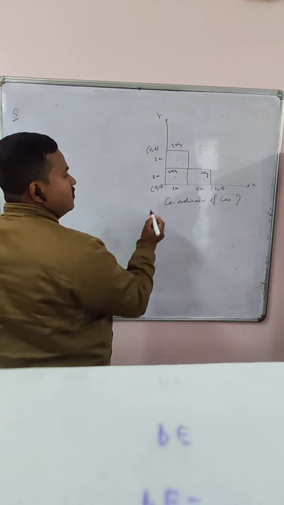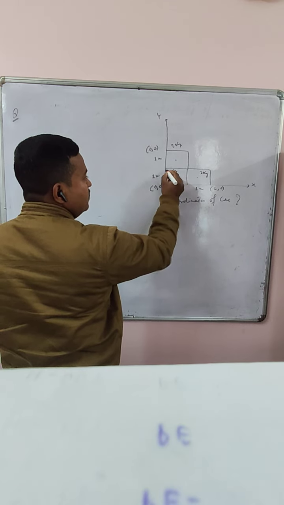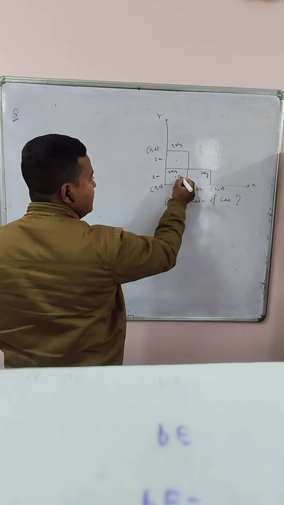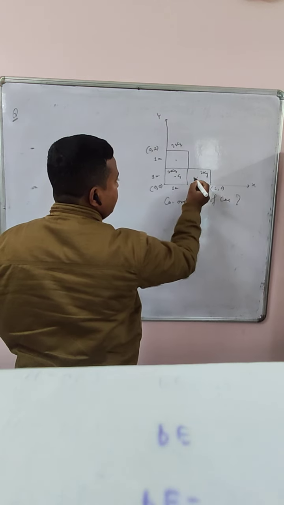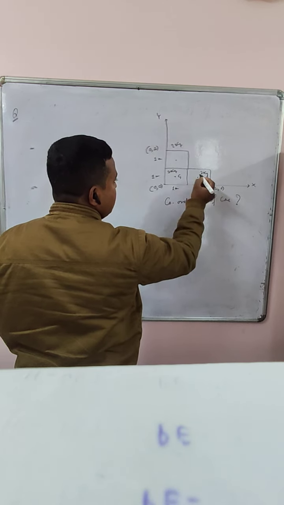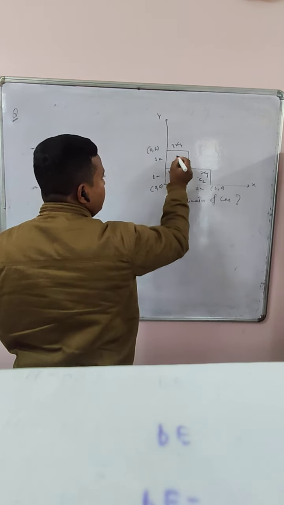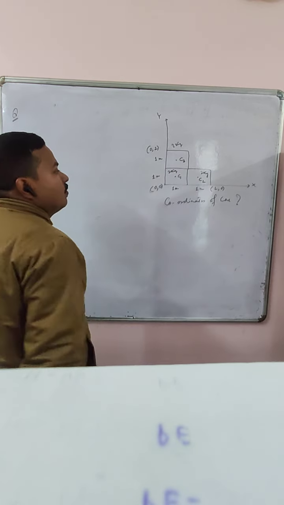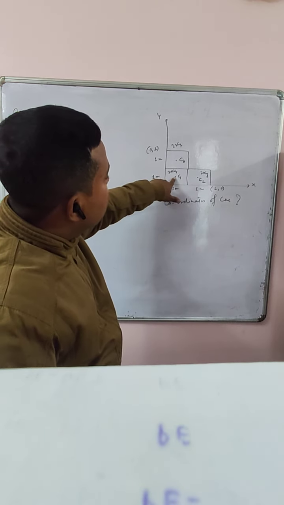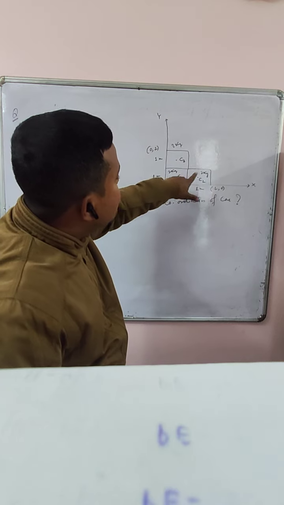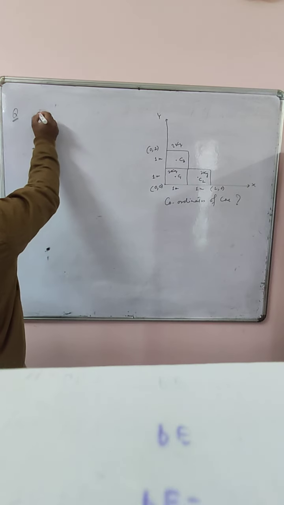Now here you see this is the center of mass of this square, suppose C1. This is the center of mass of this square, suppose C2, and this is the center of mass of this square, suppose C3. First you find the coordinates of center of mass of each square separately. What will be the coordinate of C1?